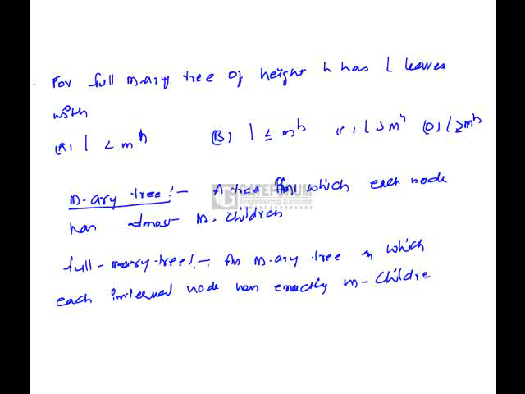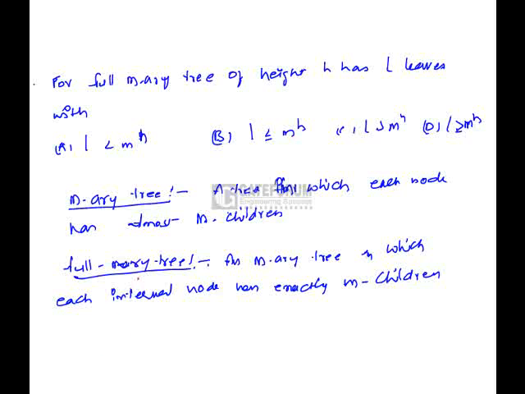This is the definition for a full m-ary tree. Here it is given that the height of the full m-ary tree is h and it contains L leaves, and we have to find the relationship between leaves and the height.